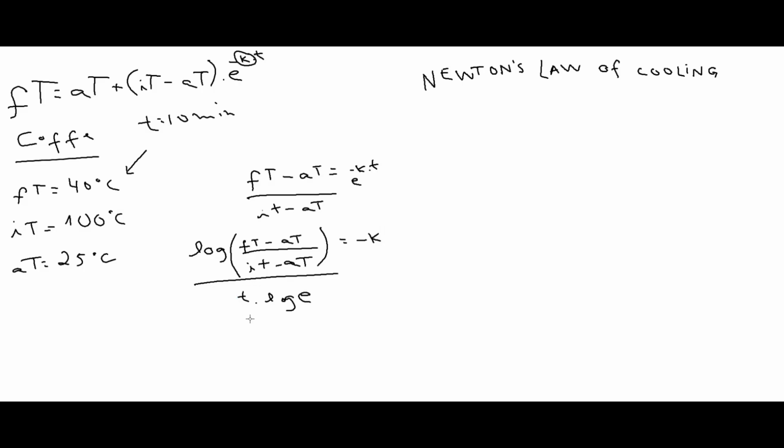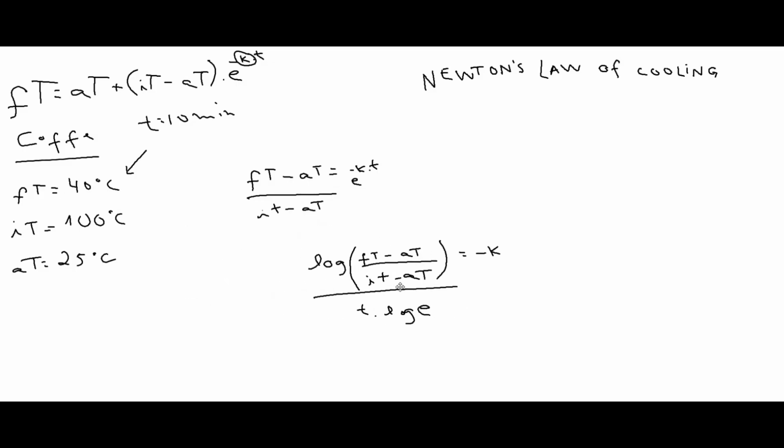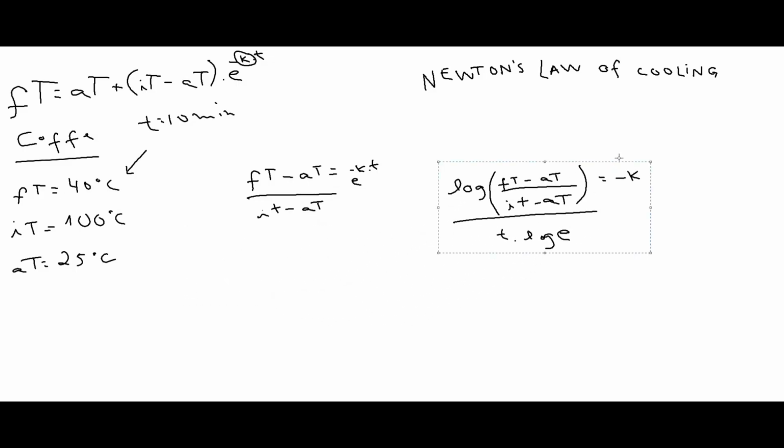There is the formula. That's what we need to know to isolate the decay constant. We just need to pass the minus sign to the other side, and it's done. The k value is isolated.